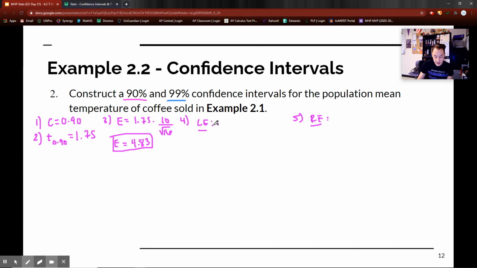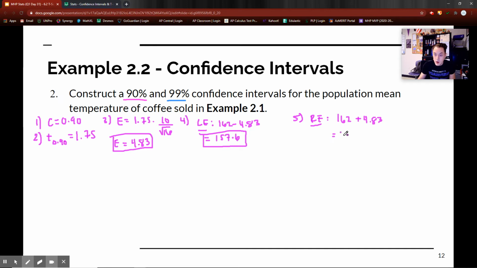So my left endpoint is going to be 162 minus my new margin of error. That's going to be 157.6. And then for my right endpoint, I'm going to take 162, my mean, plus my new margin of error, 4.83.